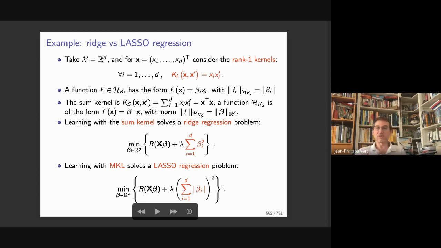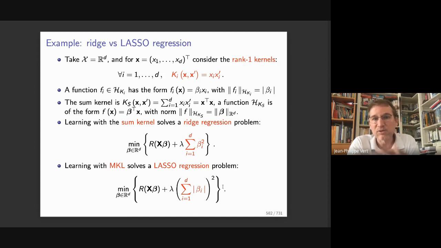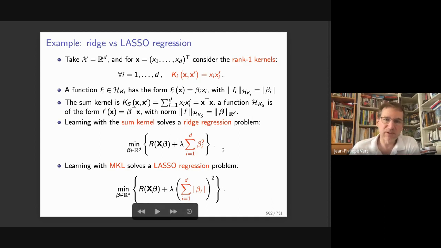So again, in the extreme case where each kernel corresponds to one feature, then the difference between sum kernel and MKL is just the same as between ridge regression and lasso regression, which for most users just amounts to saying, in both cases, you regularize. So in both cases, it can be nice in high dimension. But the main difference is that you do lasso regression when you expect your model to be sparse, in the sense that you expect to recover a solution beta that has many zeros, right?